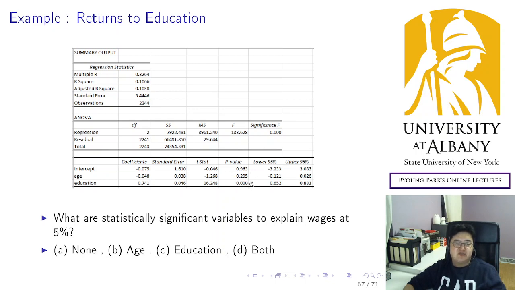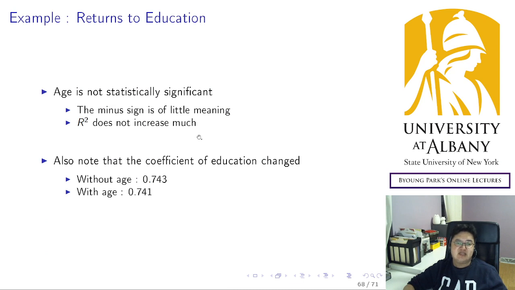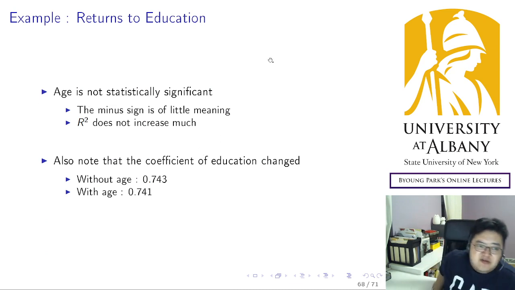Education has p-value small, equal to 0, but age has p-value of 20%, more than 20%, which cannot reject the null hypothesis. So age is not rejected, which means it is not statistically significant. Only education is statistically significant. C is the answer.